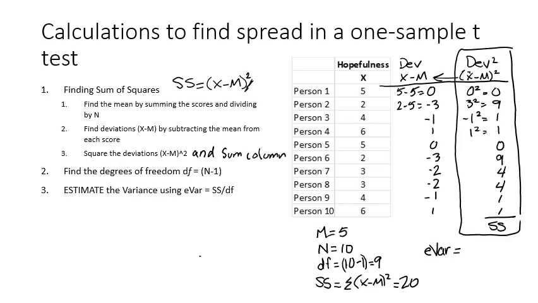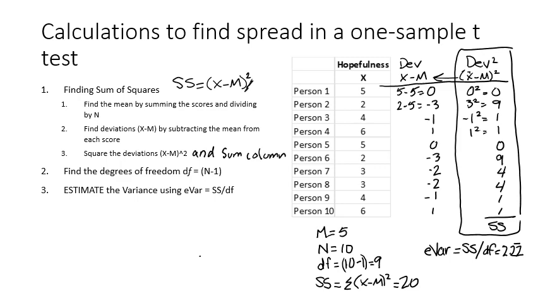So EVAR is just SS, and instead of dividing by n to get variance, we divide by degrees of freedom. And if we do that, we get 20 divided by 9, and that comes out to 2.22 repeating.